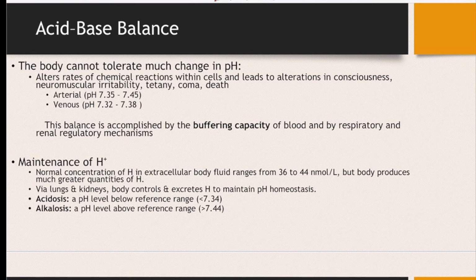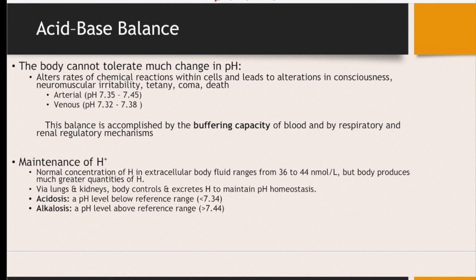The way that we resist changes in pH within our system is through the buffering capacity of blood. So this is where buffers start to get really important. There are also other mechanisms by which we keep all of this in balance, and we'll talk about those as well. They go hand in hand with the buffering capacity of blood, and they all work together.